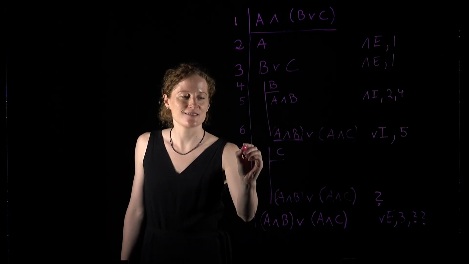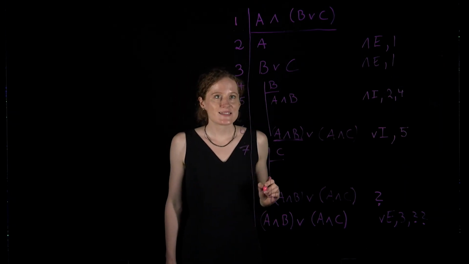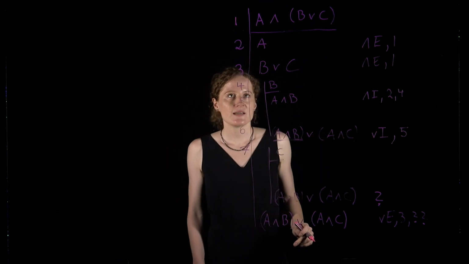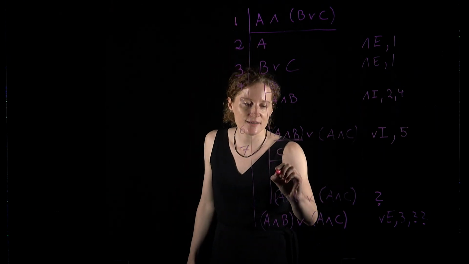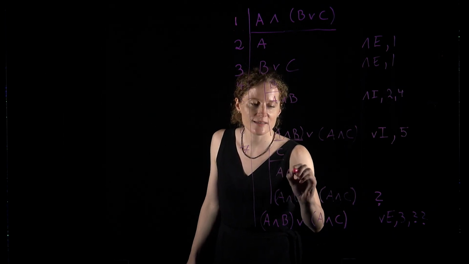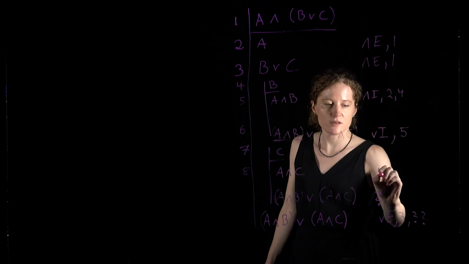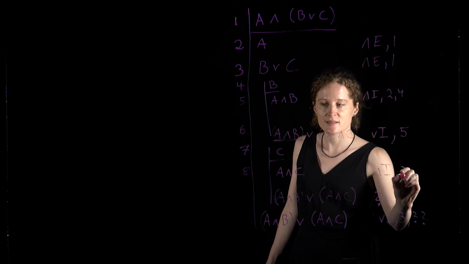Well, let's see. So in line 7, we are supposing that C, and again in line 2 I still have A. So I can infer A and C, citing the rule conjunction introduction and lines 2 and 7.